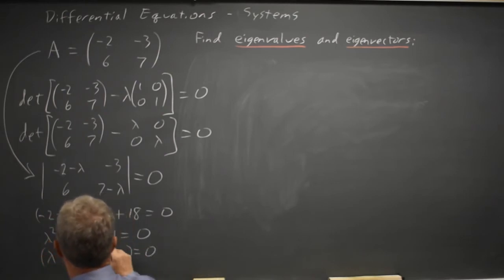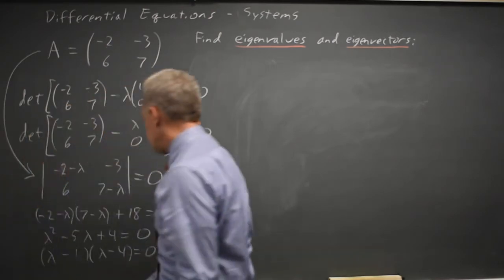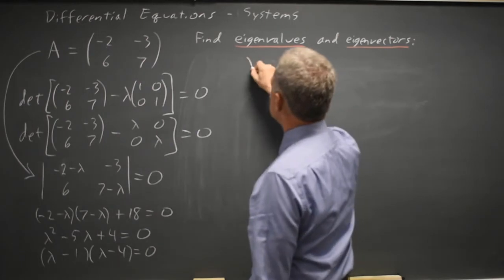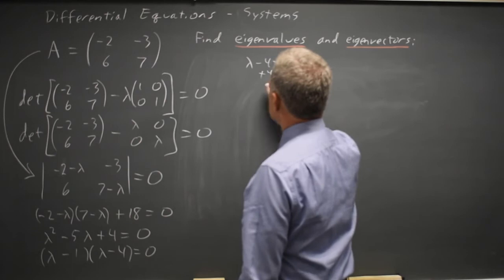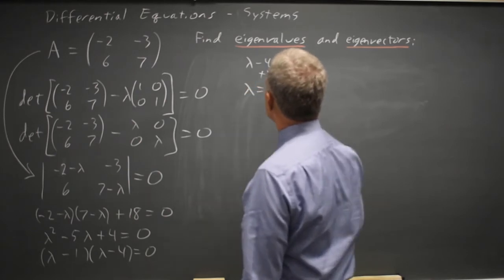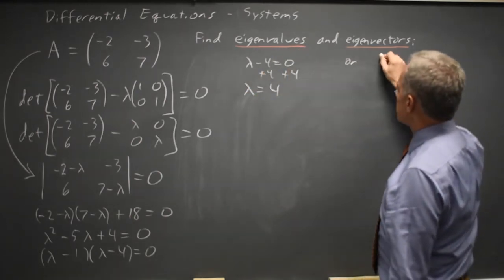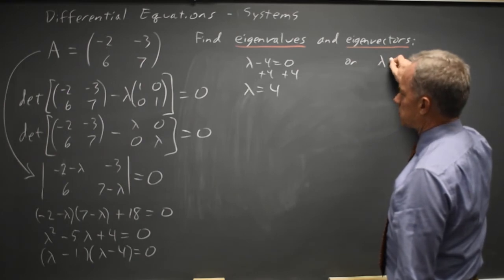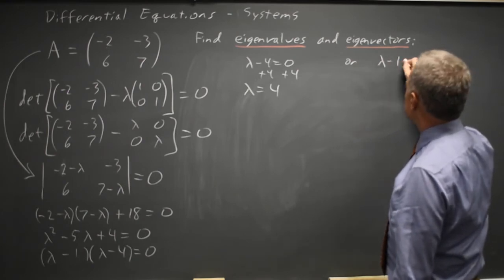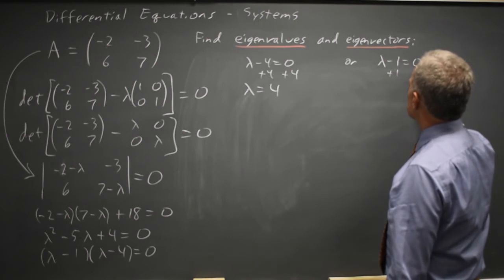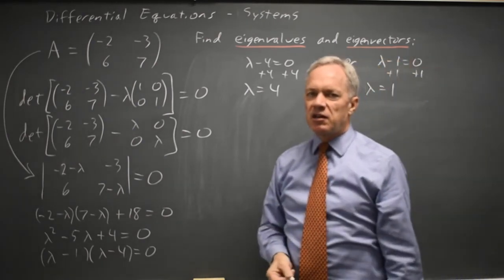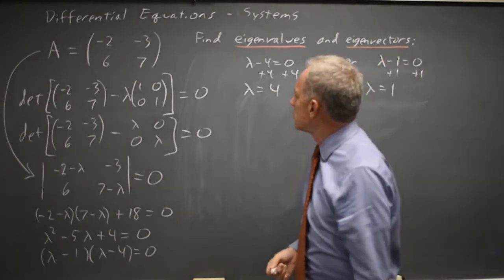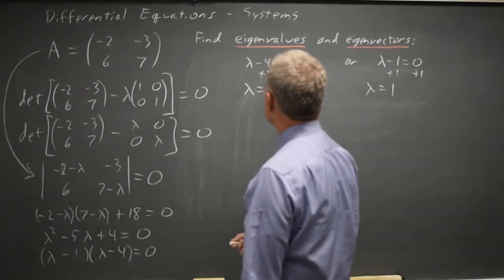They're both minus, and there are 1 and a 4. Since this product equals 0, either the first factor is 0, so lambda equals 4, or the second factor is 0. So lambda equals 1.